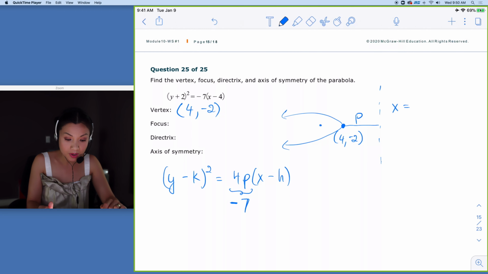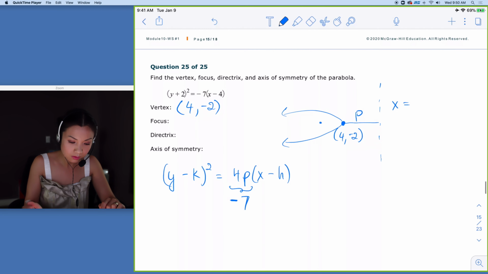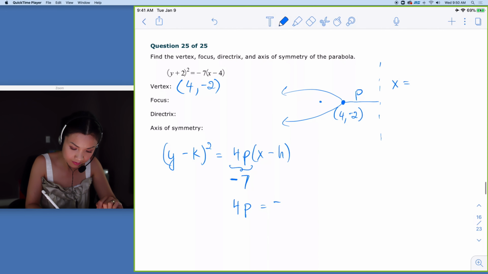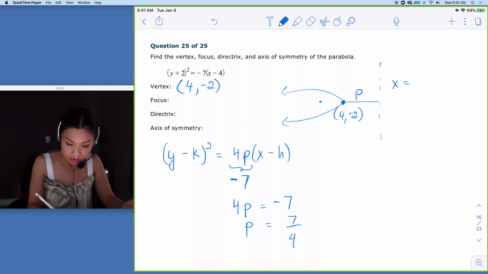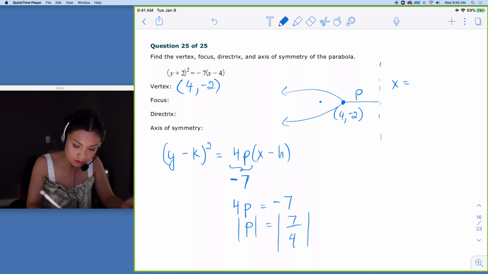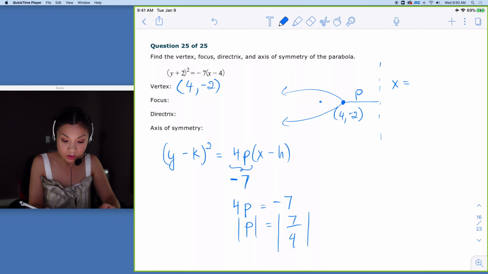So to solve for p, 4p equals negative 7. Okay, so p is going to be 7 over 4. You might think it's going to be negative 7 over 4, but don't forget, p is just the absolute value. Okay, so that's why I put 7 over 4.